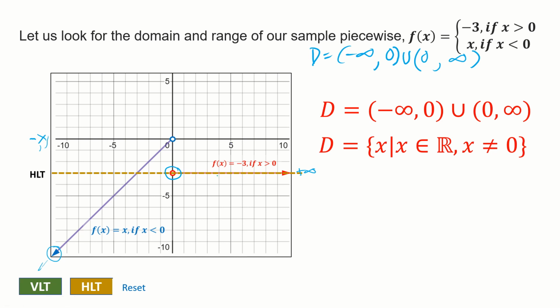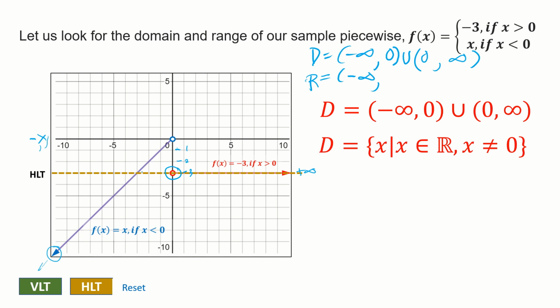So let us write here the range. Again, we begin from negative infinity of y, and then at y is equal to negative 3, there is a hole. So for our second subfunction, there is a hole at y is equal to negative 3.